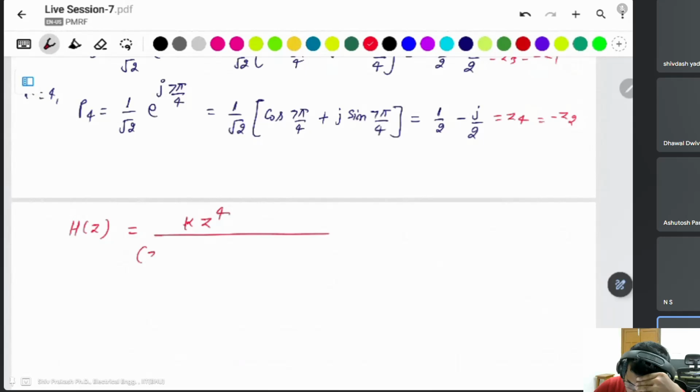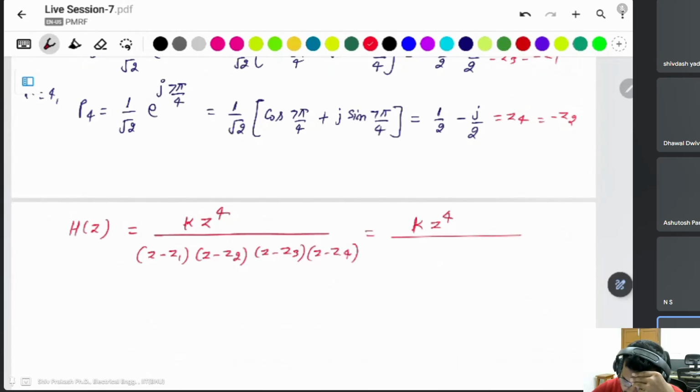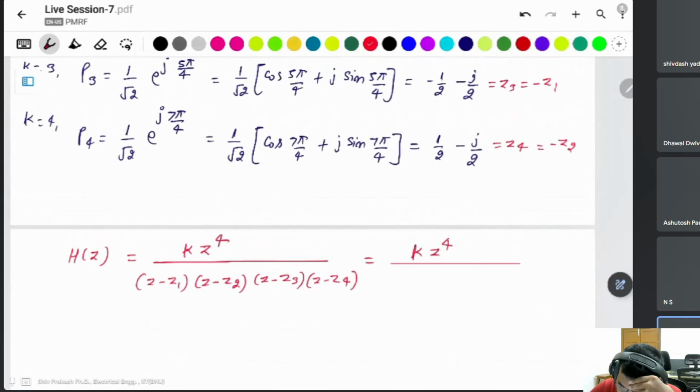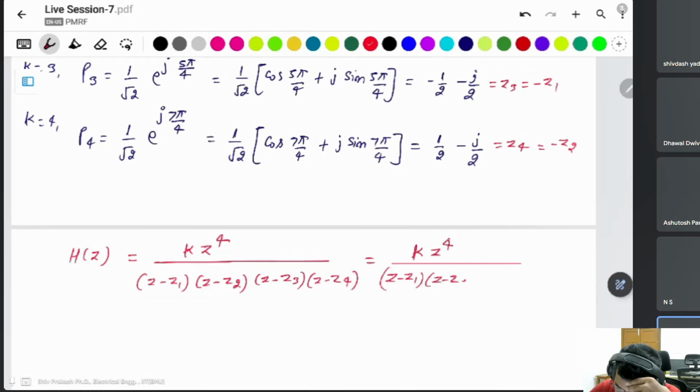And the denominator is z minus z1, z minus z2, z minus z3, z minus z4. K into z to the power of 4. z3 is the same as minus z1, so you can write z minus z1 and z minus z2. Then z3 written as minus z1 means z plus z1, and z4 is the same as negative z2, it means z plus z2.